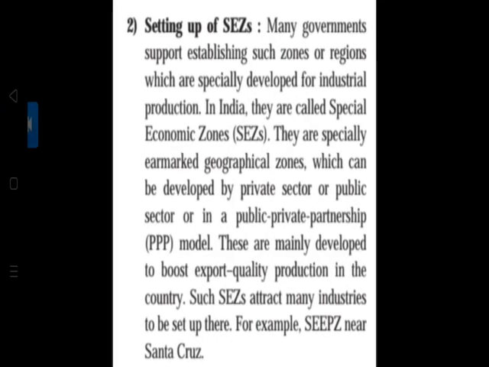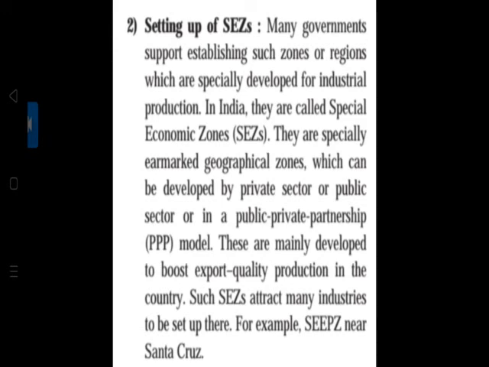Now, the setting up of SEZs. I'm going to talk about this a little more. Many governments support establishing zones or regions which are specially developed for industrial production, basically for manufacturing. In India, they are called special economic zones. What are special economic zones?